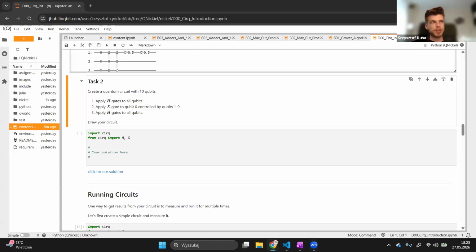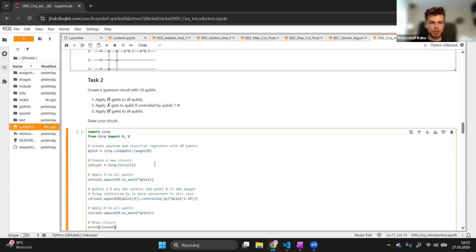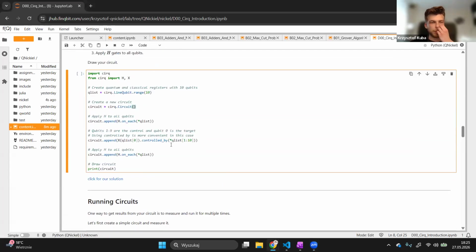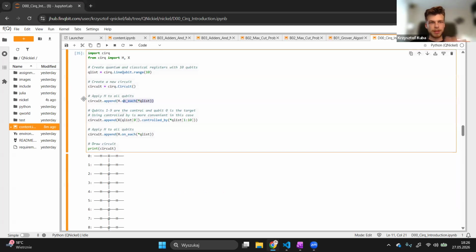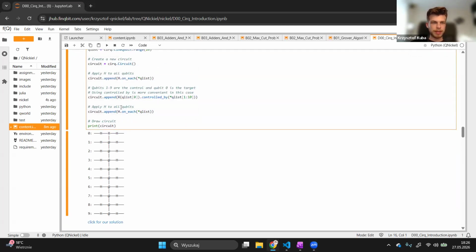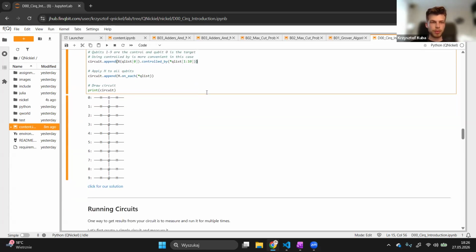So the solution, I can post it right here. Remember also that you have solutions here if you would like to revisit them. So once again, we have append Hadamard on each qubit, and then append an X gate to the first qubit controlled by all of the rest of the qubits.